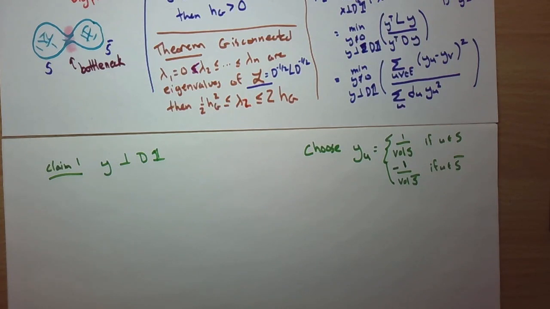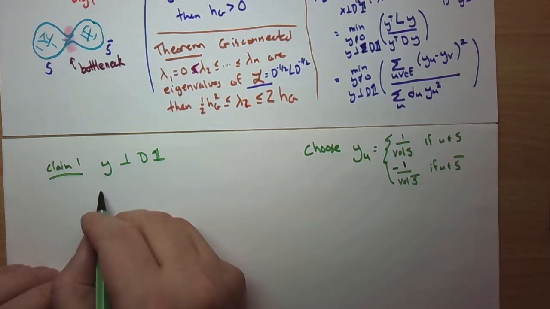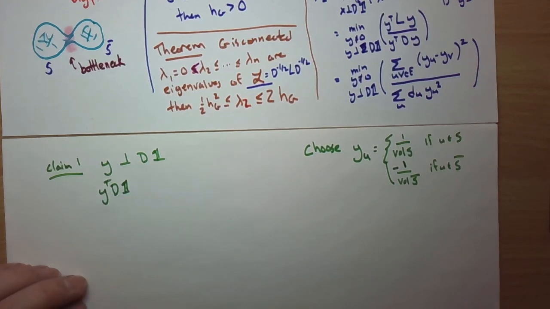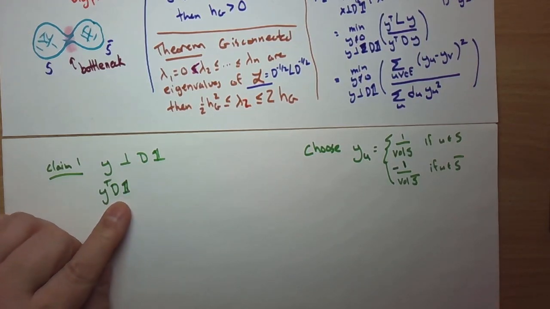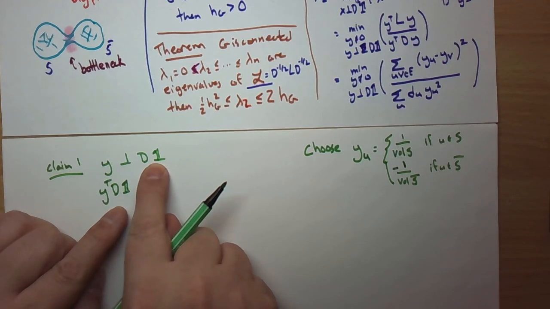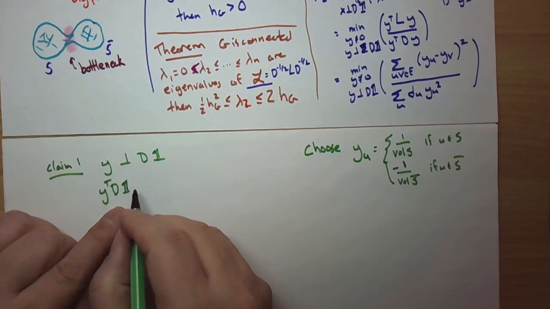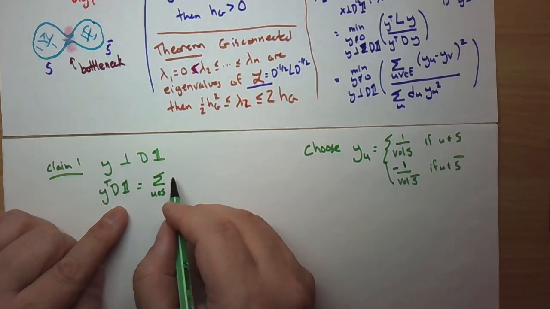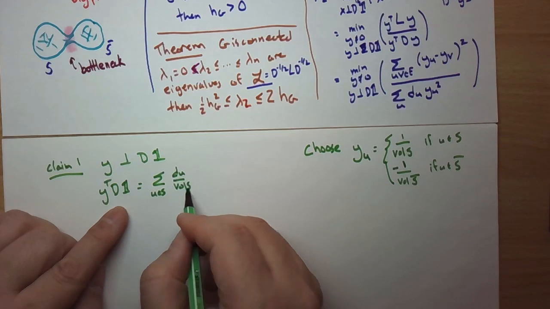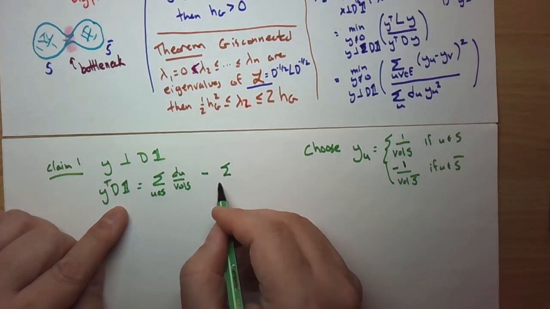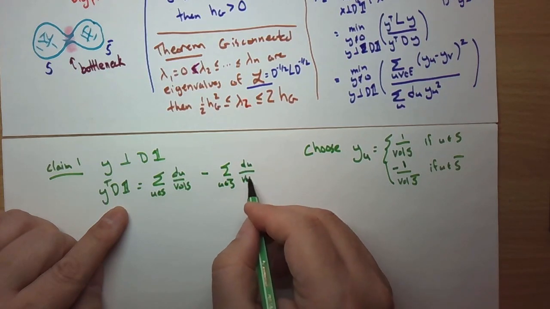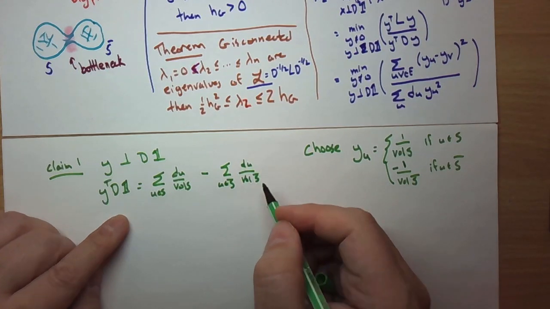Well, how do you check that? When you do the dot product, so you get y transpose d all ones, this is really just the degree of the vertices. And so you're going to end up with the sum over all u in S of the degree of u over volume of S, minus the sum over all u in S complement of the degree of u over volume of S complement.